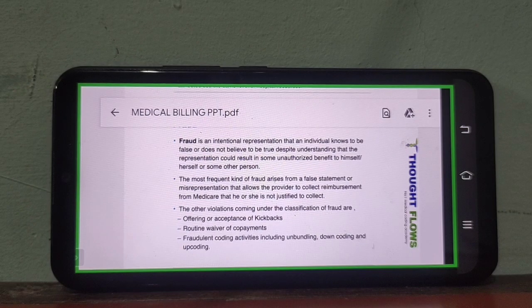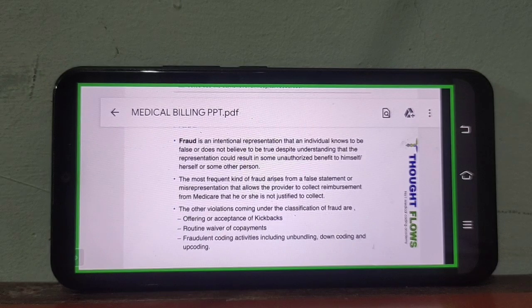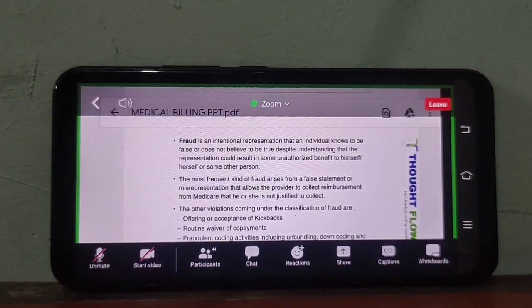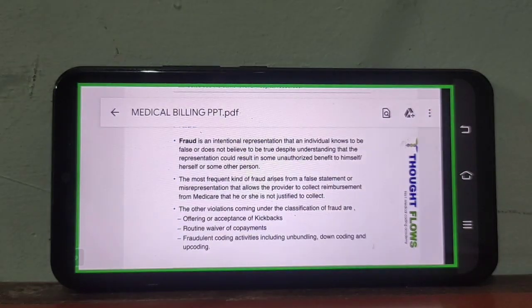For example, the doctor actually took only 3 chest X-ray views, but he claimed for 5 views. So the doctor intentionally claimed for the expensive service rather than what was actually performed. That is called fraud.